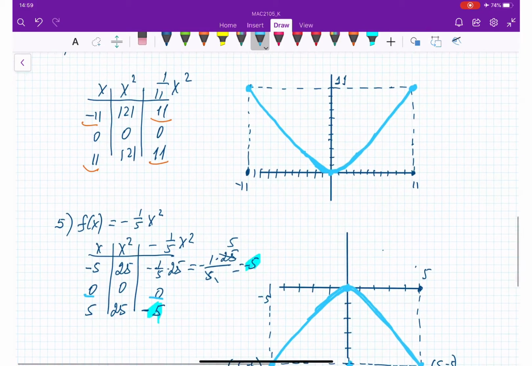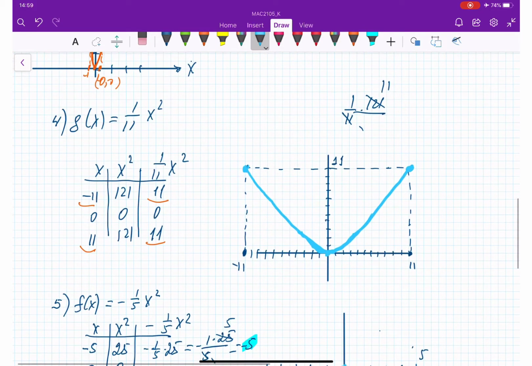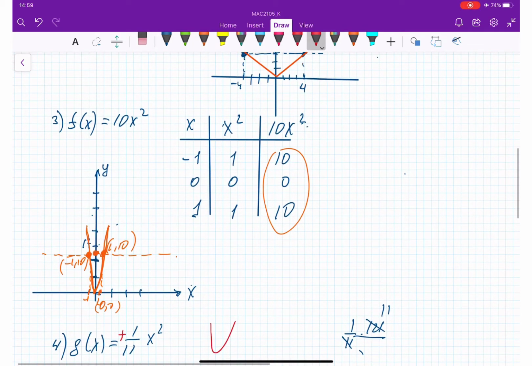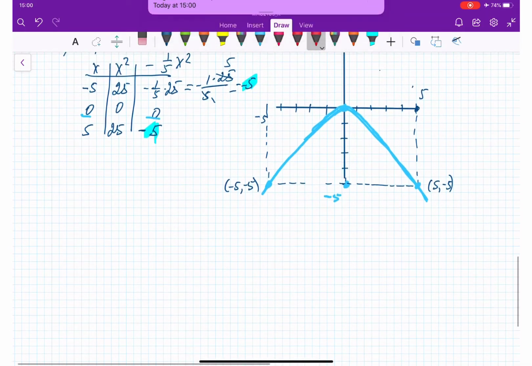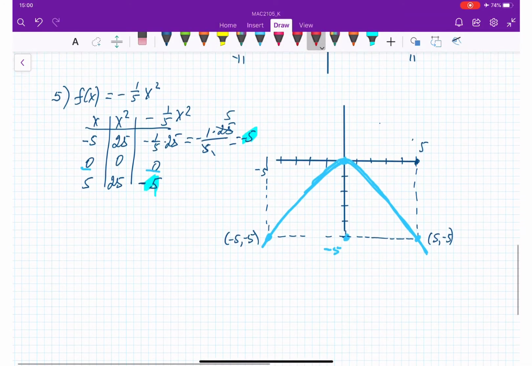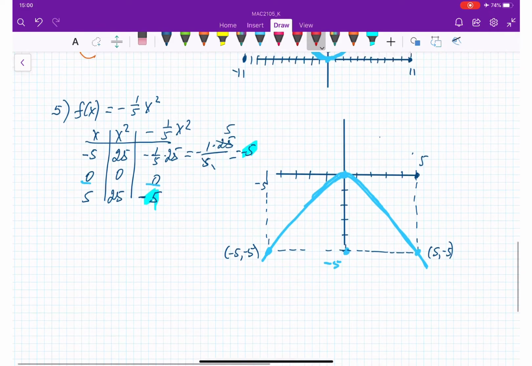I don't know if you noticed, when here the coefficient of x is positive, my graph is going up. Let's see. We have here positive 10. Graph is going up. On the other hand, here we have negative, right? My graph is going down.